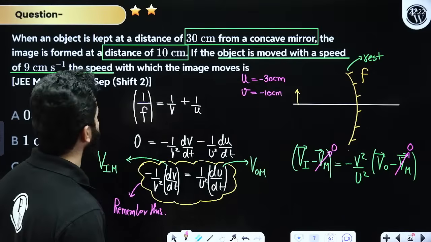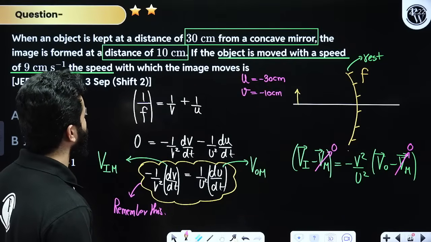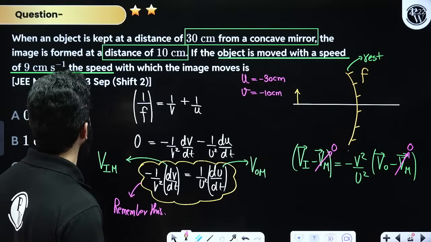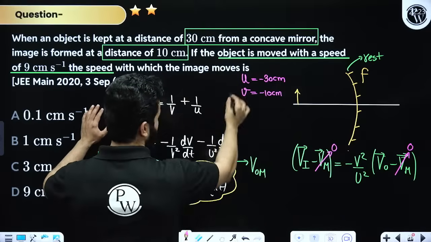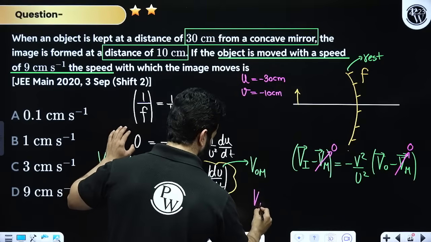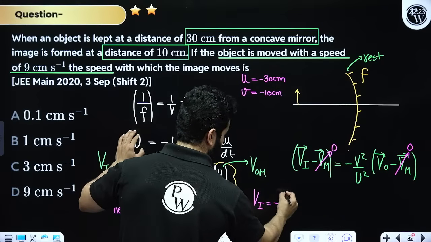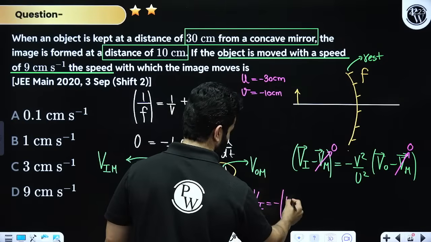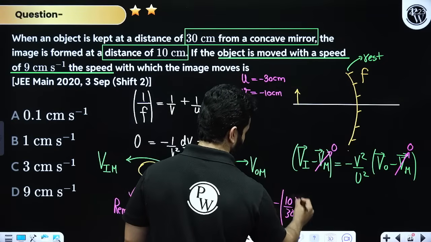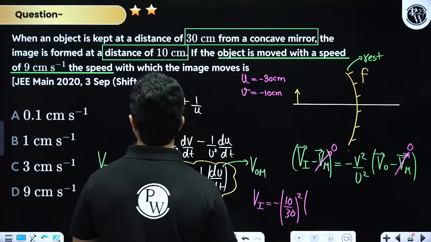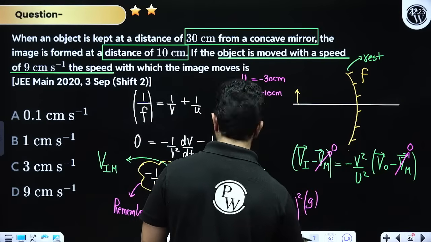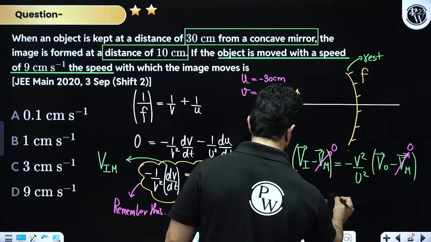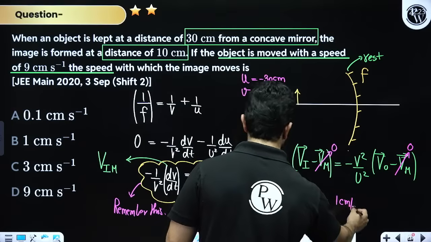And then they are saying that the object is moved with a speed of 9 centimeter per second. So just substitute it here. They want us to find out velocity of image. So write down the negative sign. v is 10, u is 30, square it, and velocity of object is 9. This is going to be 1 centimeter per second. Clear?